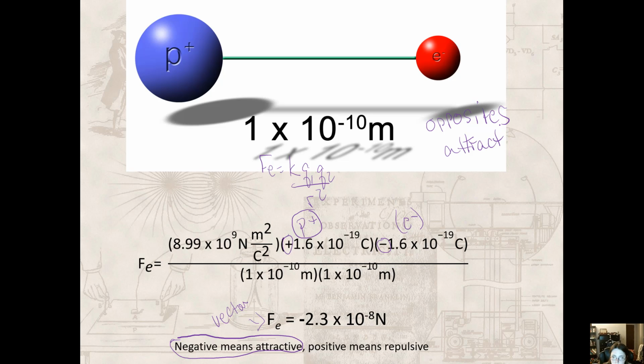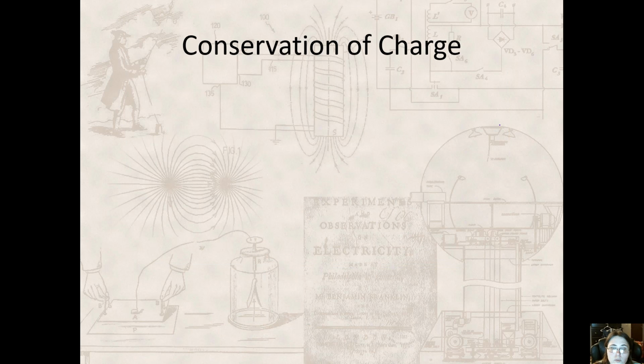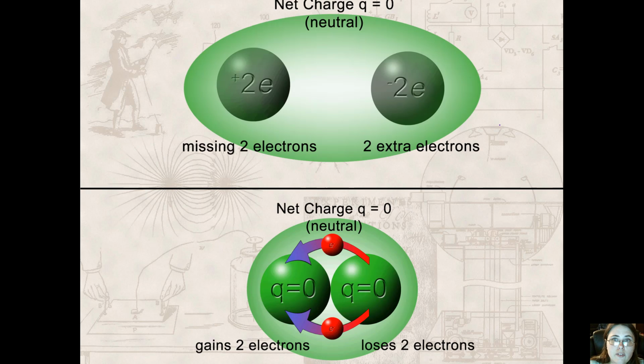Okay? So then we are going to move on to conservation of charge. So if you have a net neutral charge, so you have two positive, it's missing two electrons here, so it's positive 2 charge, and then this one has two extra electrons. When they come together, 2 plus a negative 2 is equal to 0.